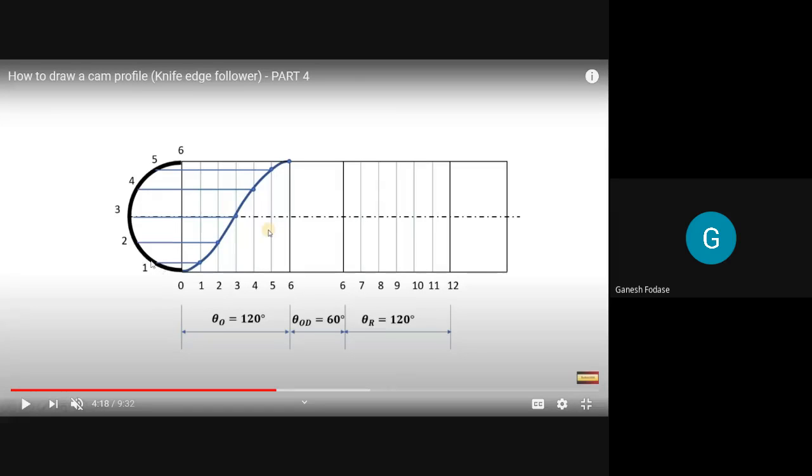So the projection through 1 corresponds to 1 and 11, 2 corresponds to 2 and 10, 3 and 9, 4 and 8, and 5 and 7. Likewise, we can project. So you can see how it is projected now for the next part.